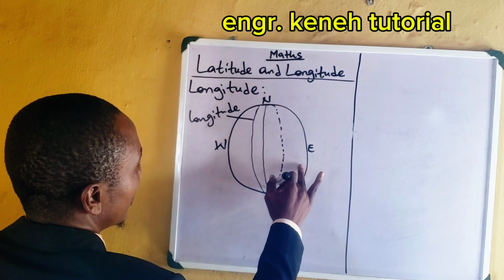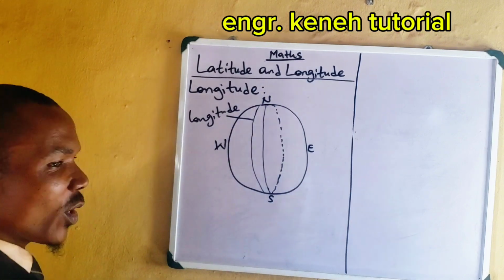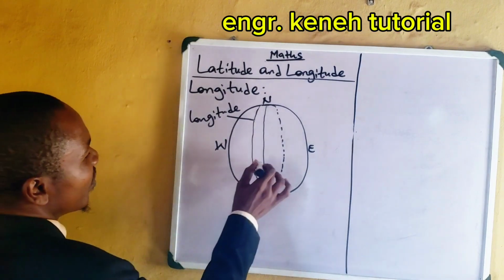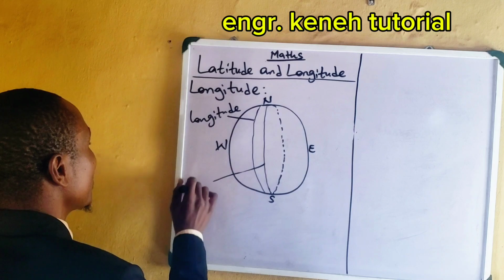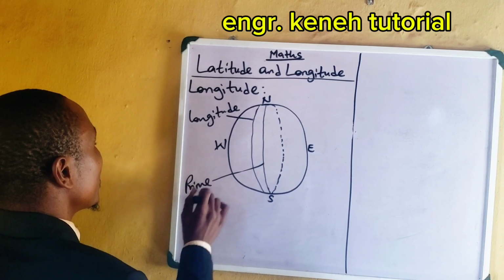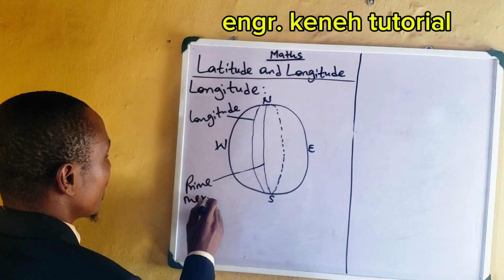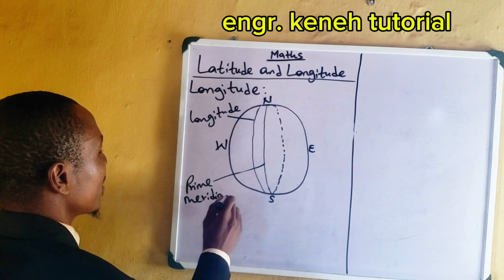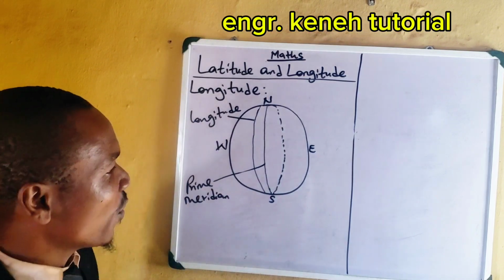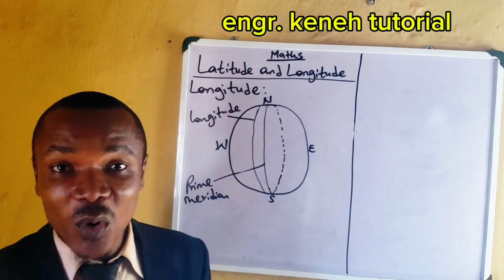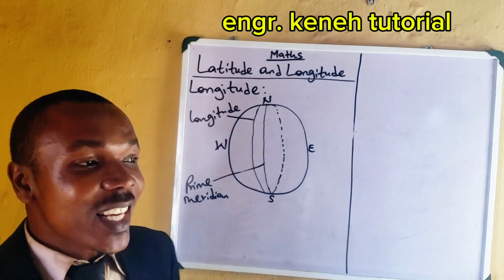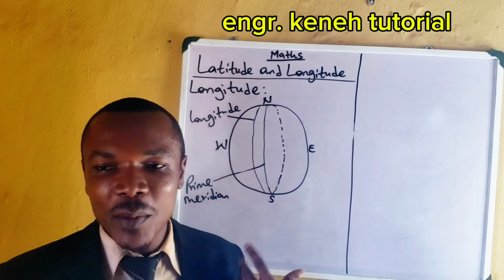This one, we call it the prime meridian. Prime meridian, that's the reference point. Why do we call it a reference point? I will explain. So this reference point is from this. You have to be comparing the points that you are talking about, east or west, by their distance from this prime meridian.